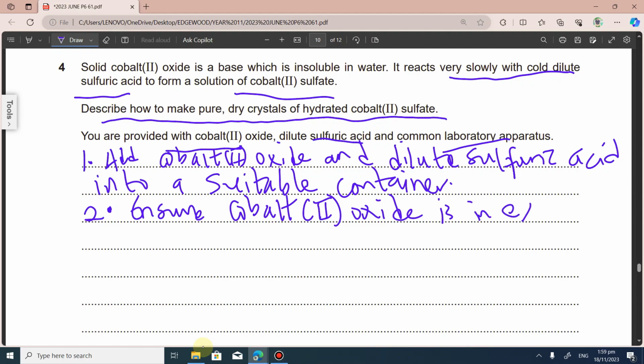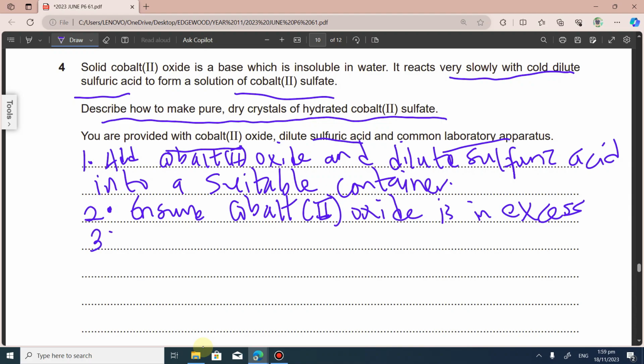This is a very important point when you are preparing a soluble salt. The reason we need to ensure that the cobalt 2 oxide is in excess is to ensure that all the acid has been used up. You don't want to have acid still left. So you keep on adding the cobalt 2 oxide until all the acid has been used up. Okay, so that's the second mark.